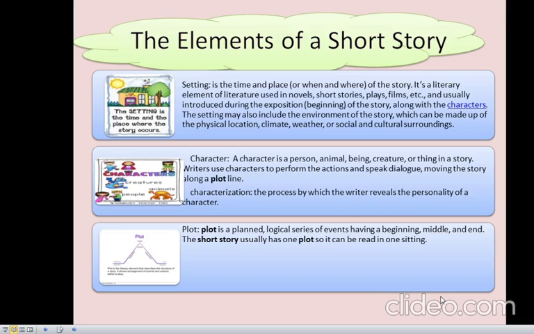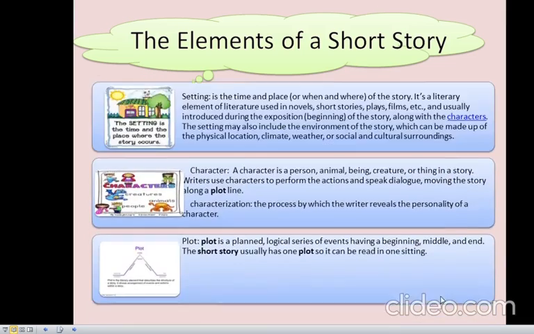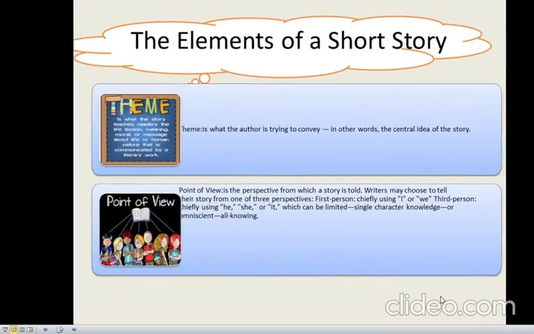Also, we have the theme, which is the message that the writers want to convey, the moral lesson, the moral value, and we have the point of view, the perspective, the angle from which the writer writes, whether it is the first, the second, or the third perspective.